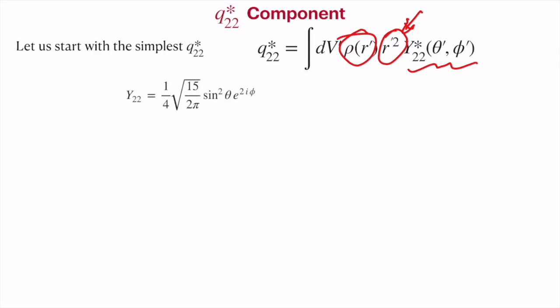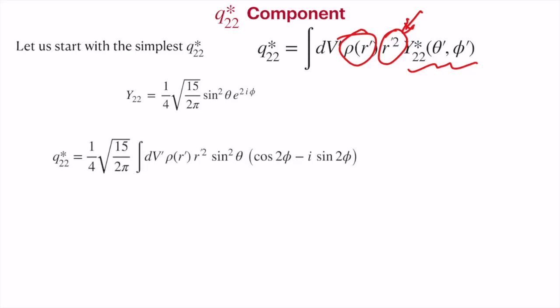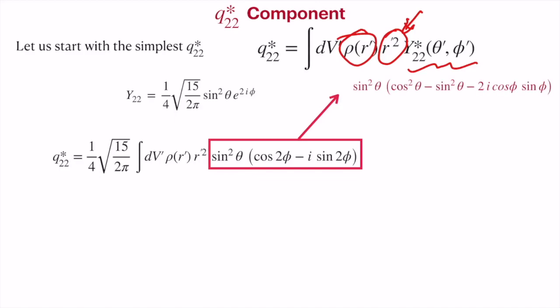Let's look at the y22, which is also a complex. There is a sine square and 2 phi. The angle takes 2 rounds for a given phi, but we can again simplify by expanding each of the exponential function in terms of trigonometric function, then identify the various quantities here.